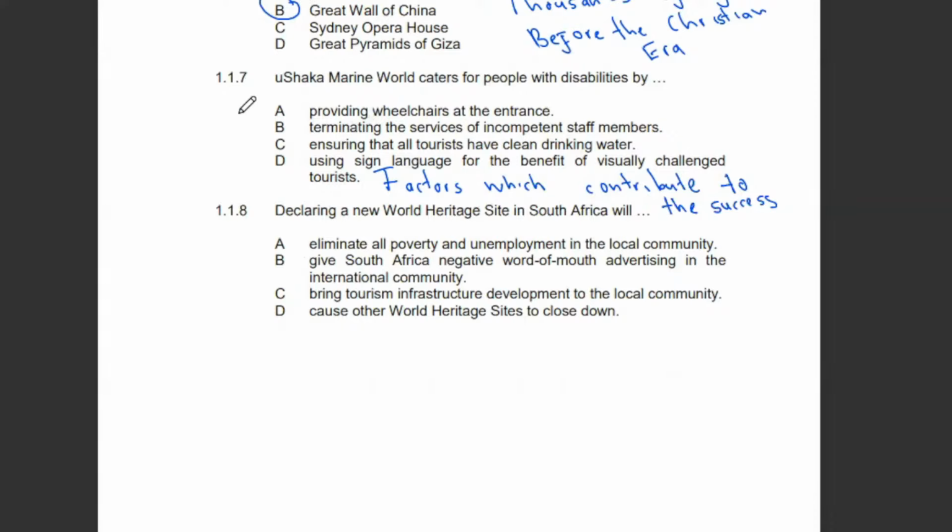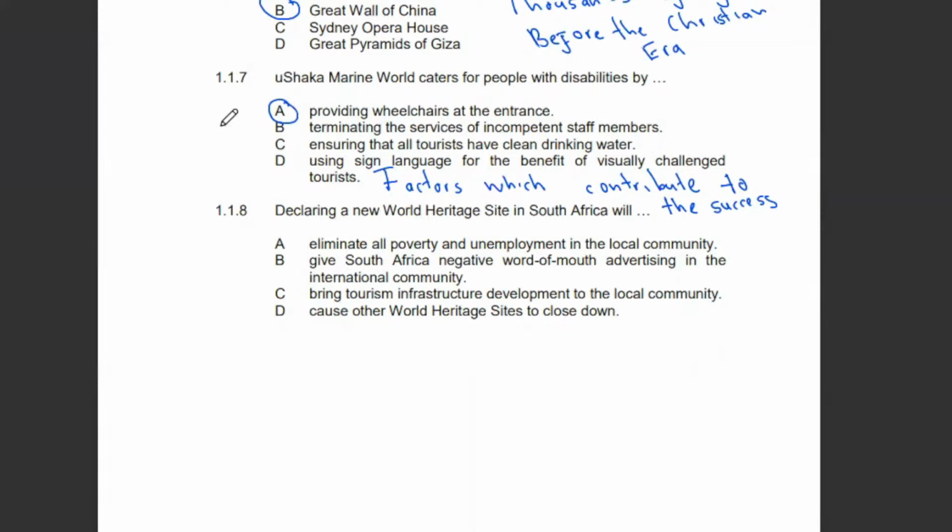They provide wheelchairs for people who are handicapped or wheelchair bound, so that they can navigate the attraction, or move around the attraction. So the correct answer there for 1.1.7 would be A, providing wheelchairs at the entrance.